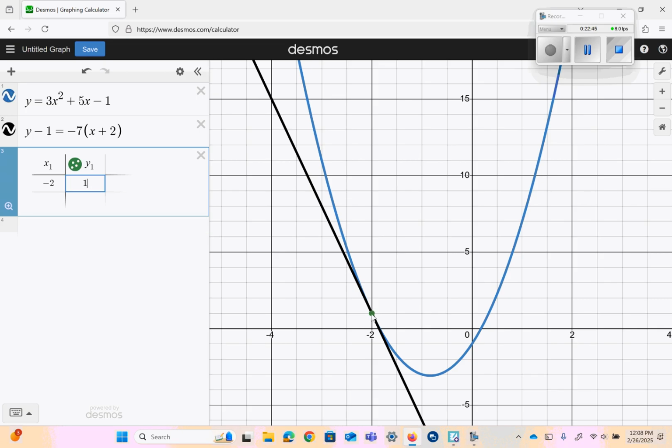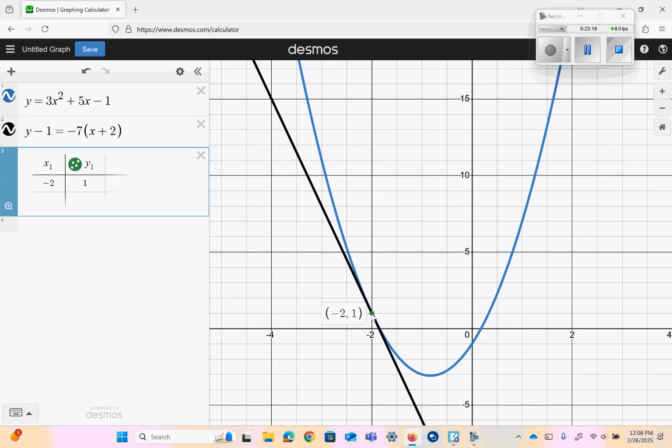So this point right here is where our tangent line will touch our original function. It touches our original function at that one location. So the point of tangency is at point -2 comma 1. That's why I plotted this point. So I have my original function here, and this is the point of tangency.